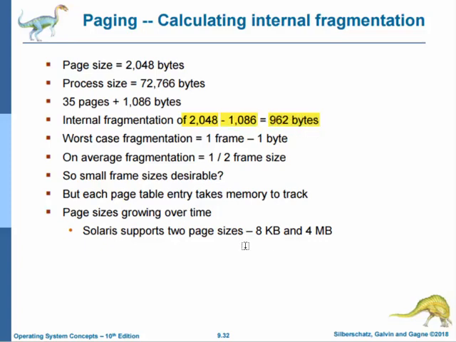In the worst case, a process would need n pages plus 1 byte. So it would be allocated n plus 1 frames, resulting in internal fragmentation of almost an entire frame.